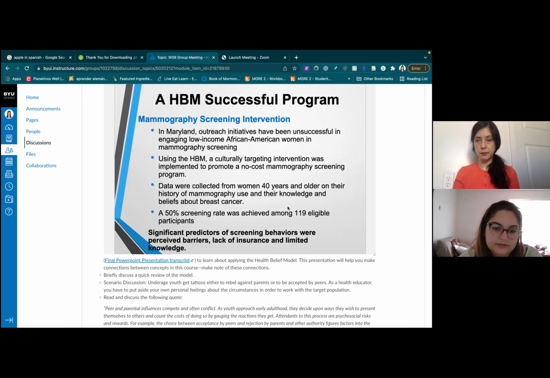And then we could help their perceived barriers by doing screening things, where I know they used to have a truck that would drive around and give free mammography screenings. I don't know if they still do that or if it was during breast cancer month.